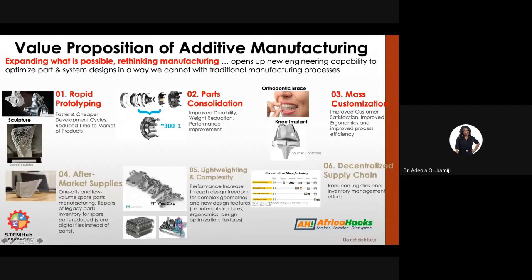Normally when you want to make a prototype for a part, especially a part in manufacturing that you may want to be producing millions of later, in the past, you first make a mold for what you have designed, and you now make a prototype. Some of those molds could be costly. It could cost you $10,000.